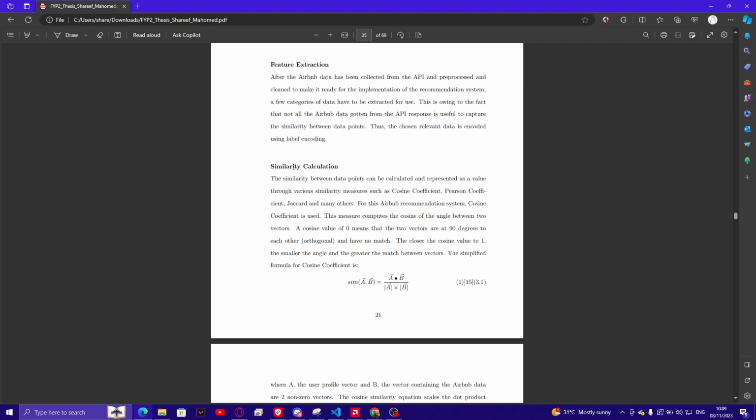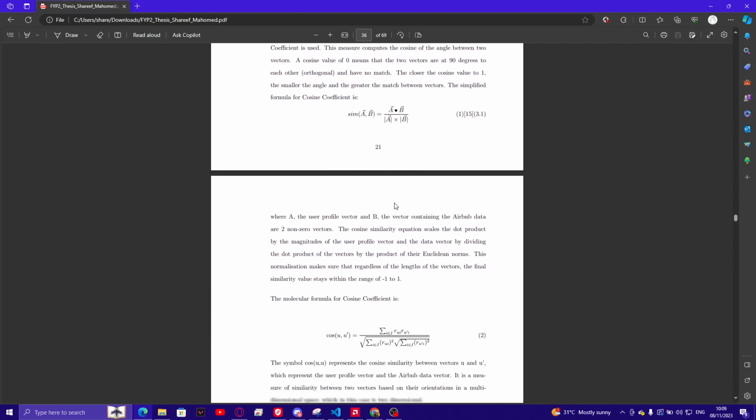Then I also use similarity calculation. This one I used the Jaccard similarity.